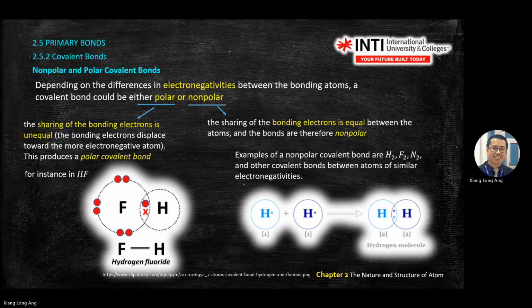For instance, H and F, hydrogen fluoride, they are actually sharing unequally. The electronegativity is different. Although there's one electron here, the distance between the F and H is different. The distance from F to the sharing space and from hydrogen to the sharing space is different. So it becomes polar, meaning there's a directional behavior.